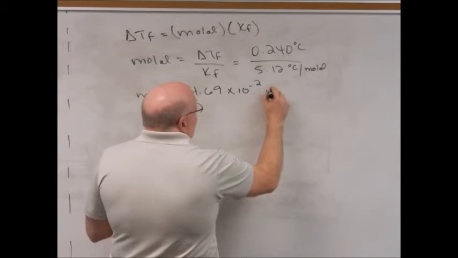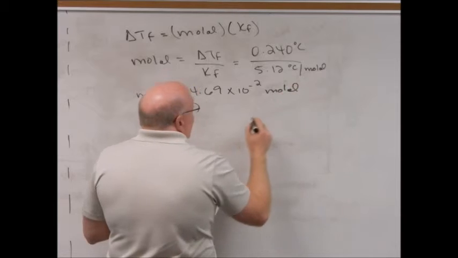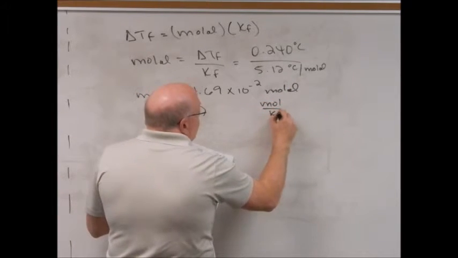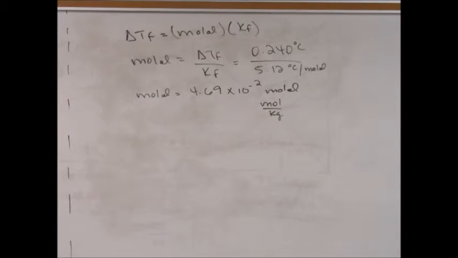And remember that it's molal, but that we could also write molal as moles per kilogram. They're equivalent. Moles of the solute, kilogram of the solvent. So we found out what the molality, what the strength of the solution is that we made. Now we can find the molar mass.